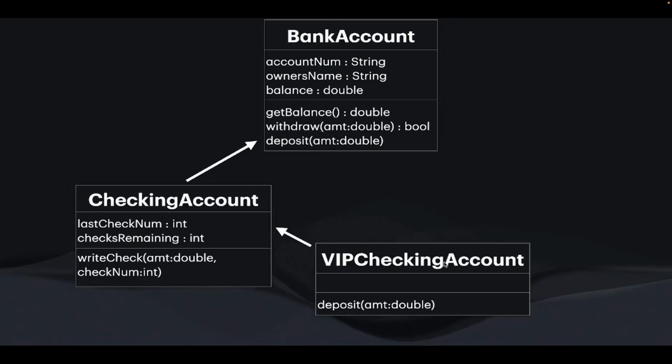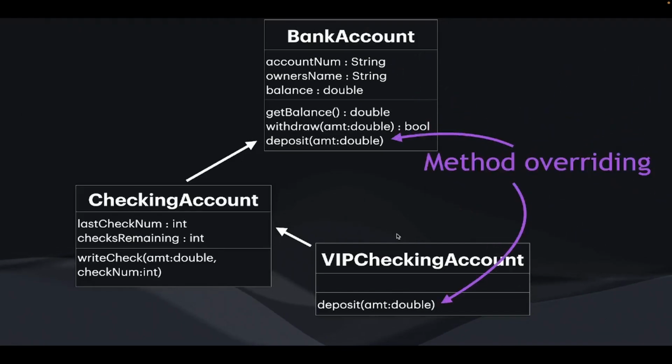A VIP checking account is a certain type of checking account. And I don't know, you get a little bonus when you make a deposit if you're a VIP. What I want to point out here is that the VIP checking account has a deposit method just like a bank account does. So this is an example of overriding.